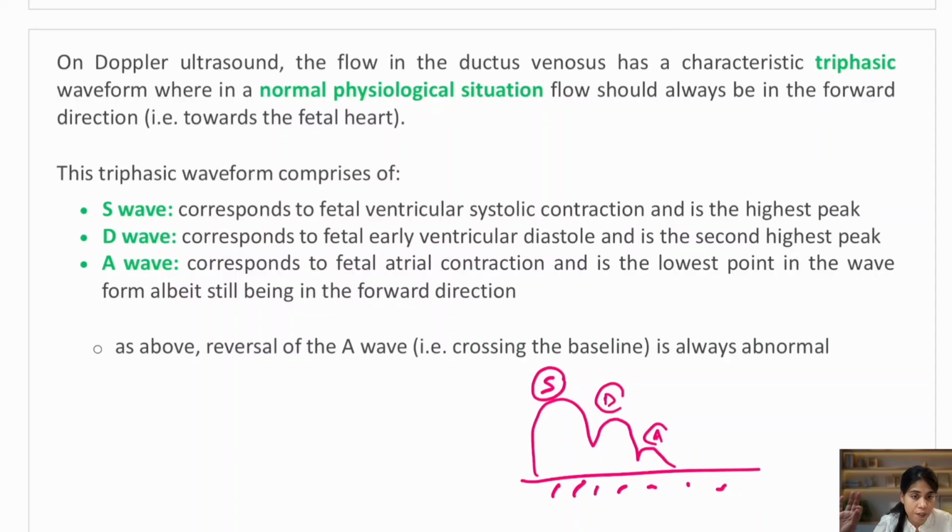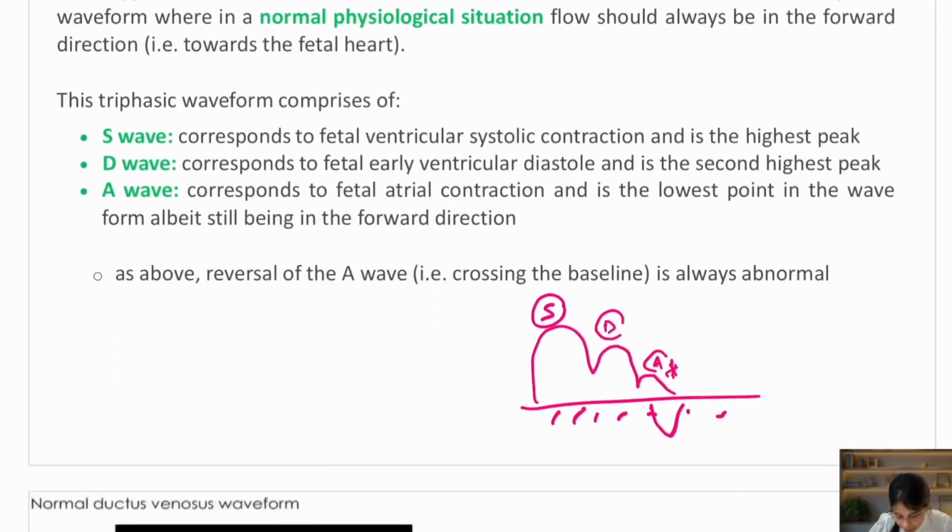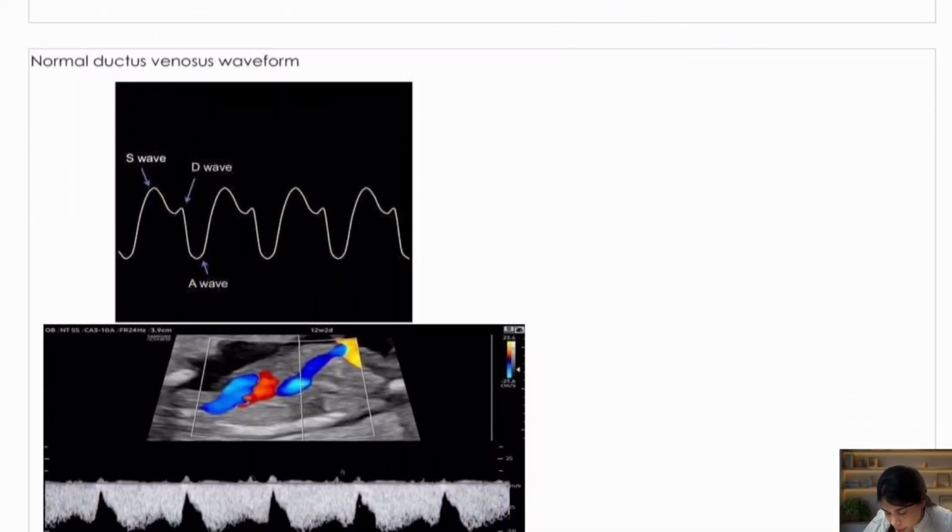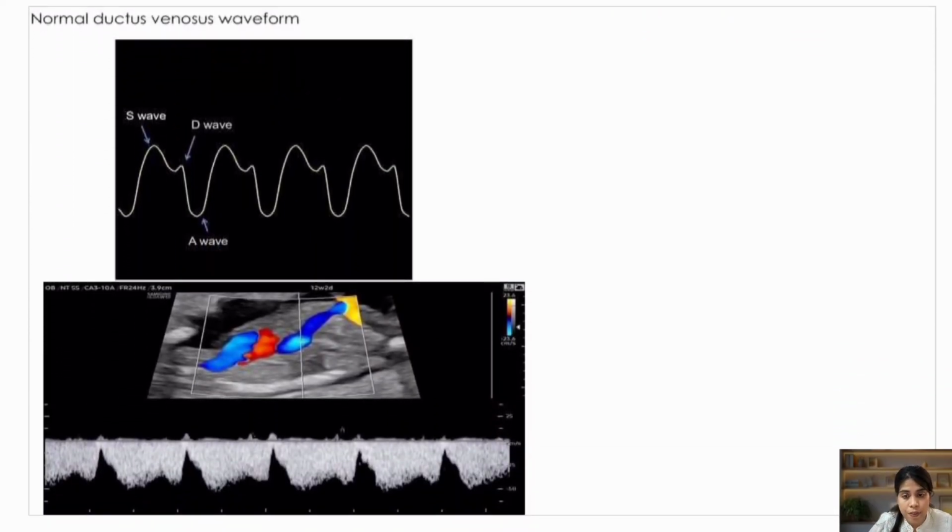Reversal of A wave, that is, if it comes below the baseline, it's always abnormal. So, S, D and A waves; the A wave is approximately less than 10% of the height of the S wave. Okay. So, this is how the normal ductus venosus waveform pattern looks, the S wave, D wave and A wave.